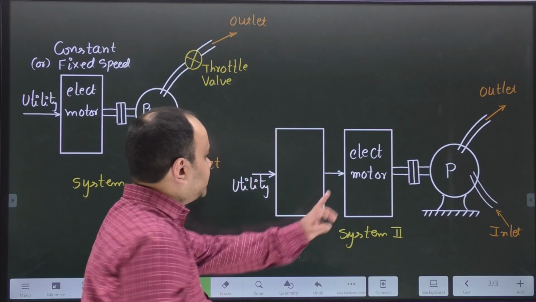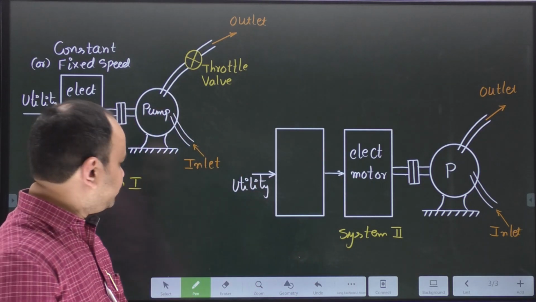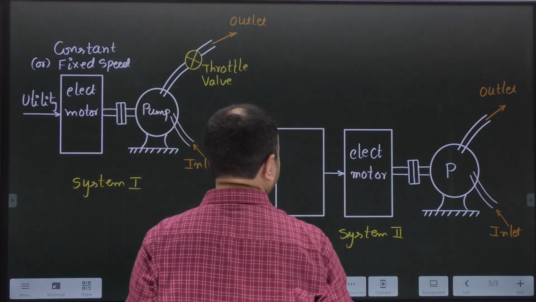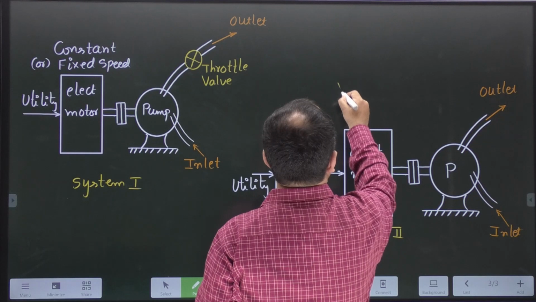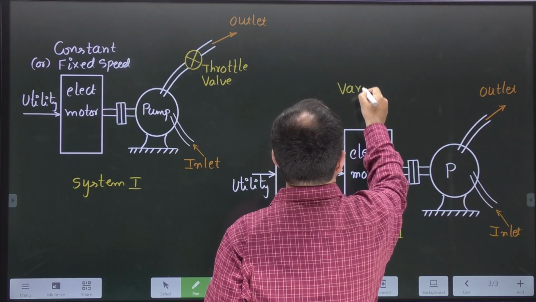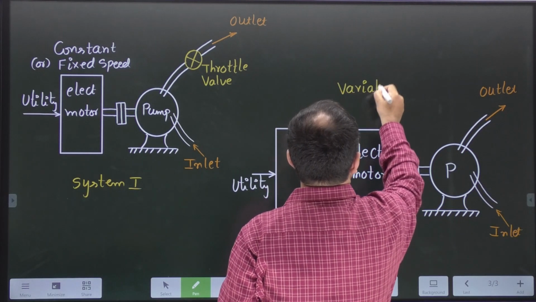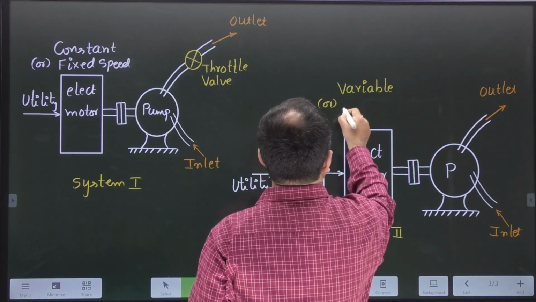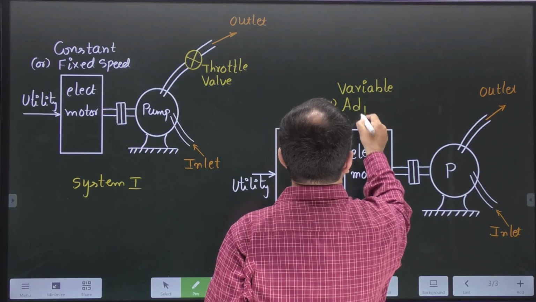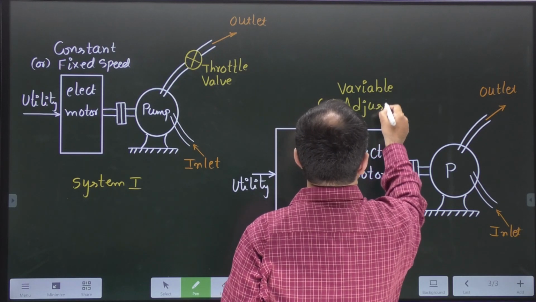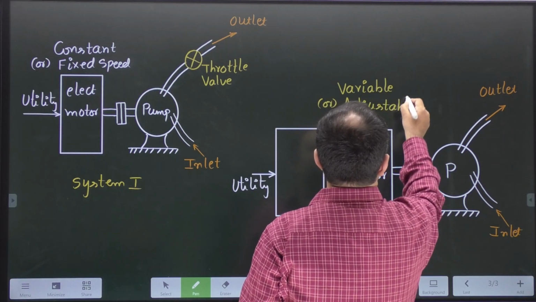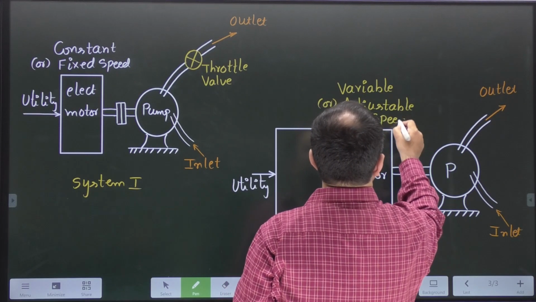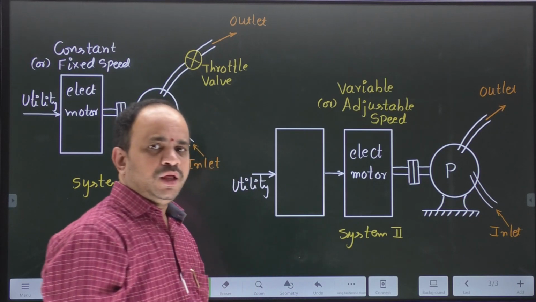But this motor, follow carefully, the important concept is, this electric motor will operate at variable speed, or we can also call it adjustable speed.